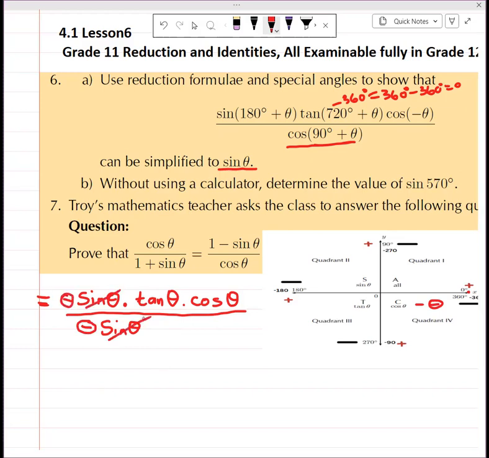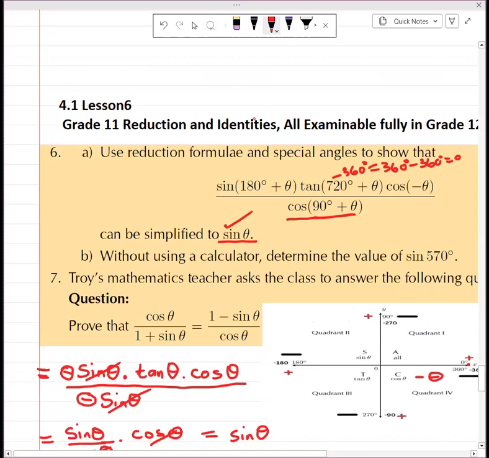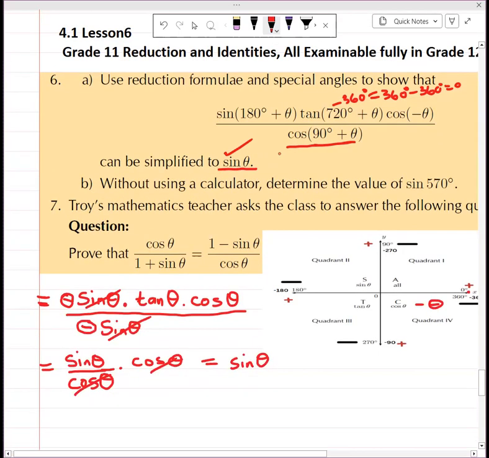Tan is the identity: remember, tan is sine theta over cos theta, then multiplied by cos theta. The cos at the bottom will cancel with the one at the top, and you're left with sine theta. Then you have shown this. Perfect. Now we can go to 6b.